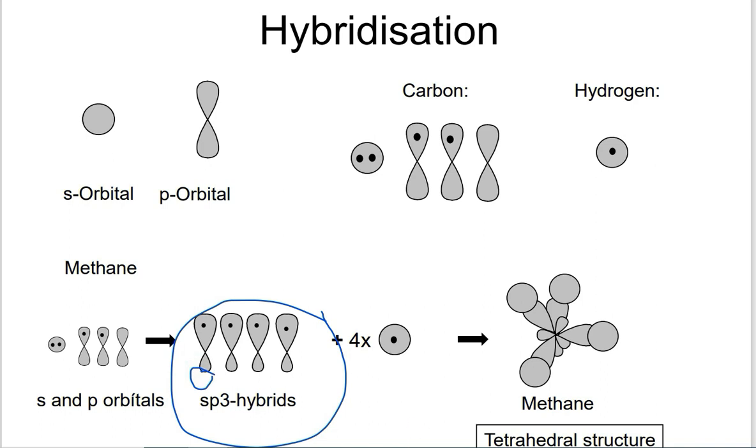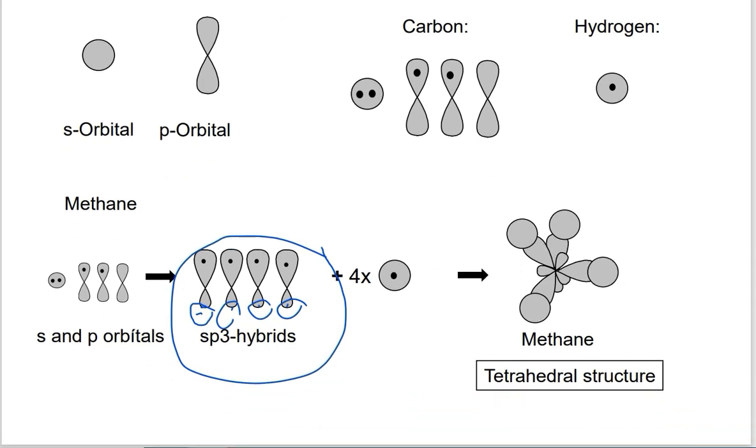So we will get one electron here, one here, one here, one there, coming from the shared electron of hydrogen. And therefore, this carbon can bond to four different hydrogen atoms. And we get the methane. And the methane has a tetrahedral structure because of these sp3 hybrid orbitals, which are equal.